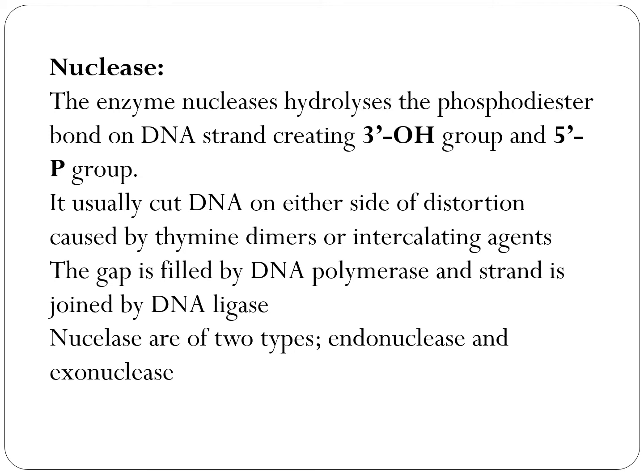So we can say that the nuclease enzyme breaks the phosphodiester bond in the DNA strands, thereby creating free 3' ends and free 5' ends. It usually cuts DNA on either side of the distortion caused by thymine dimers or intercalating agents. The gap is filled by DNA polymerases and the strand is joined by DNA ligase.